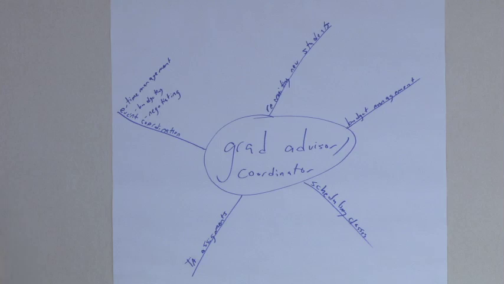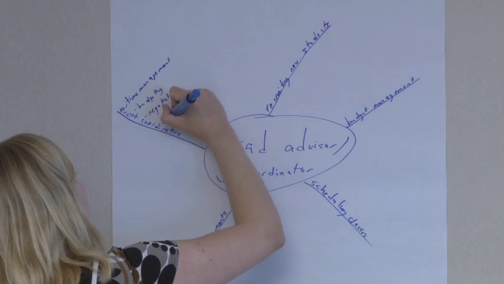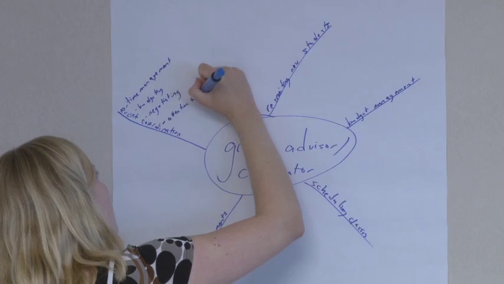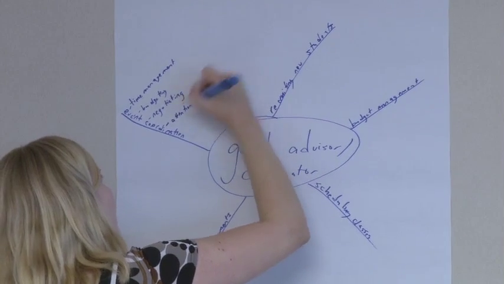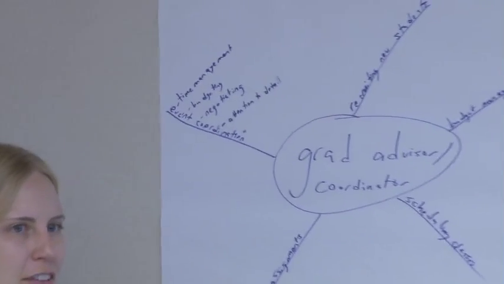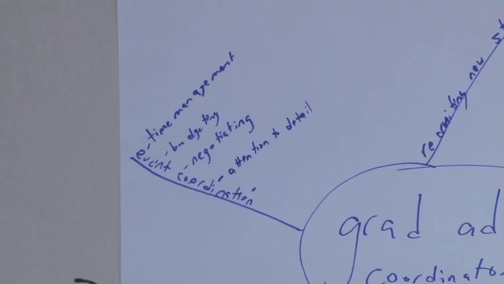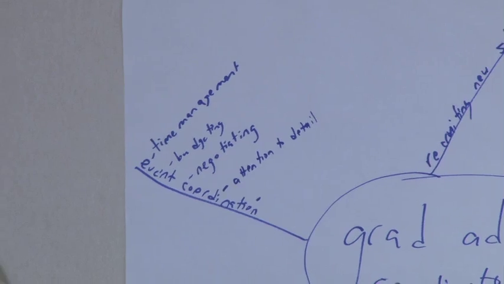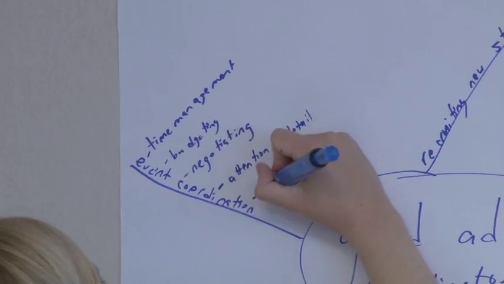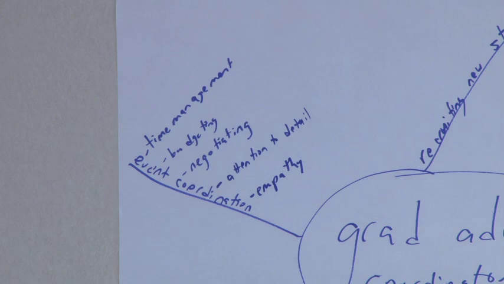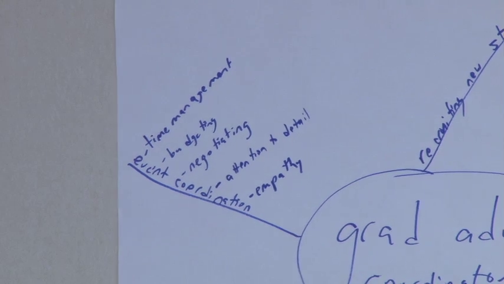Negotiating. Details. Yeah, attention to detail. And maybe an understanding of, like, you have to have a knowledge of what people are going to enjoy, which I think is maybe an empathy skill, maybe? Empathy. So that you don't plan a really boring event. Okay.